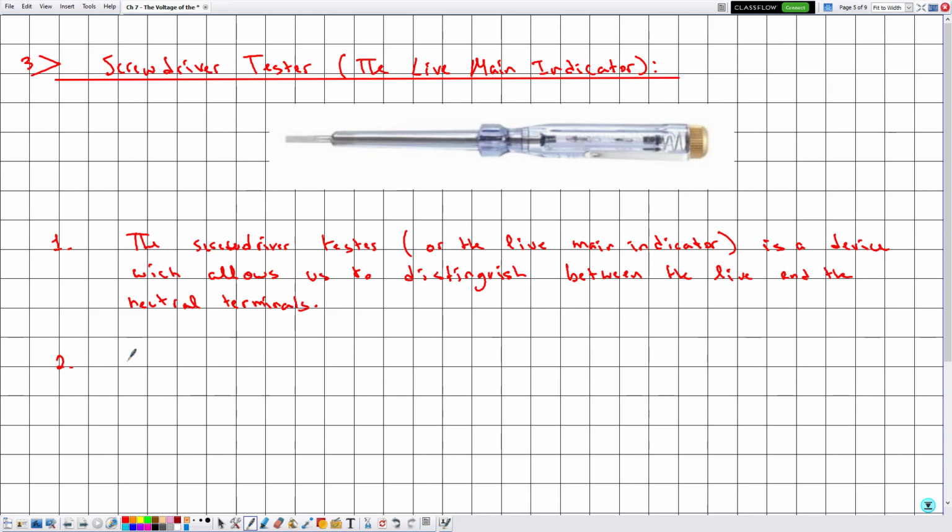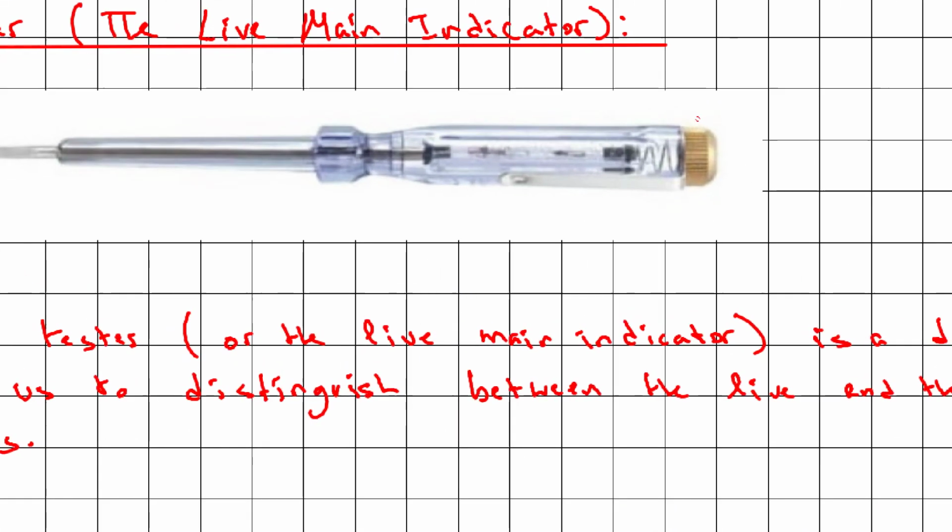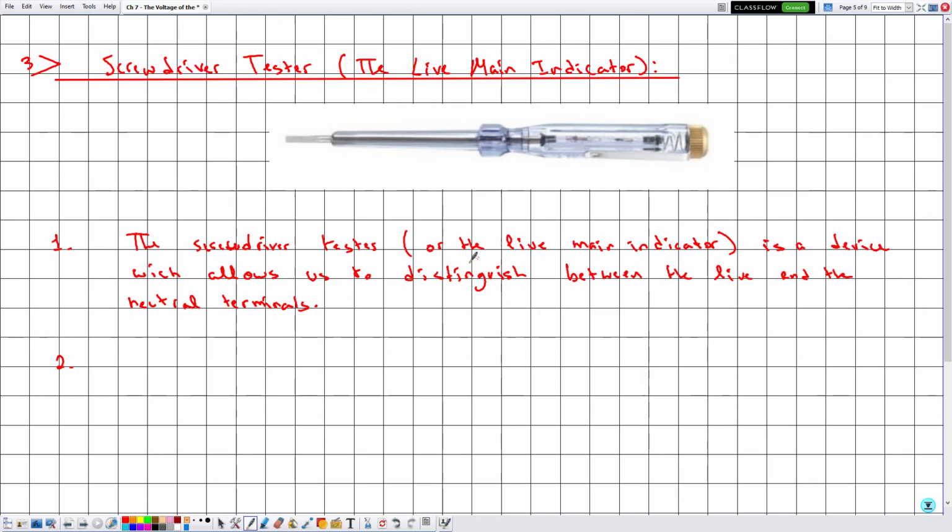Now in number 2, so here inside of this screwdriver there is a neon lamp.